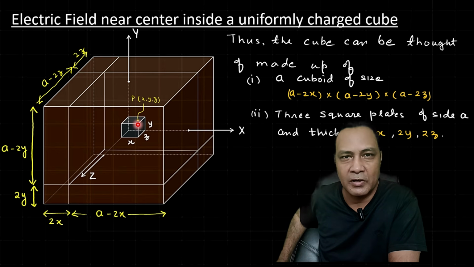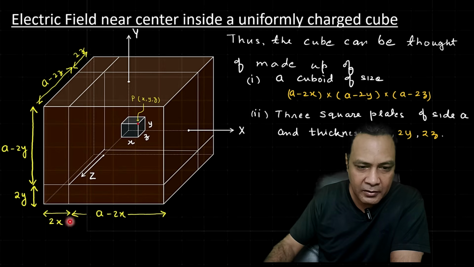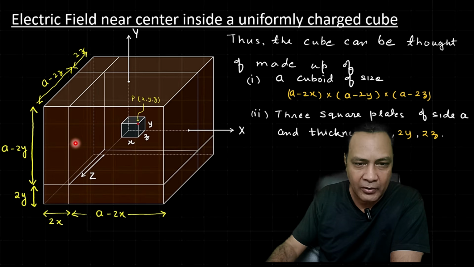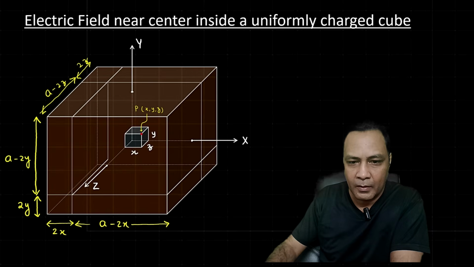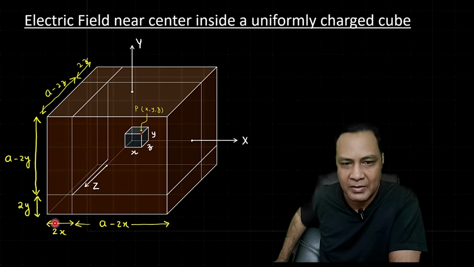So the same result that we derived initially, I will apply for this plate for the electric field at P. Similarly, the similar result will be applied for the electric field because of this plate and this plate. So, electric field at P because of this square plate. This square plate is of side A and thickness 2x.